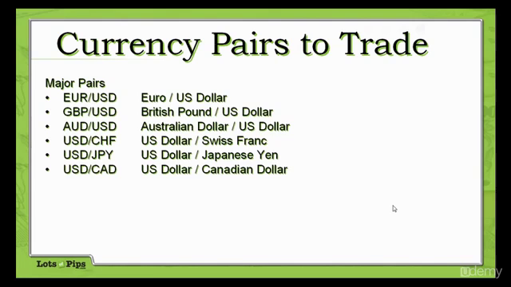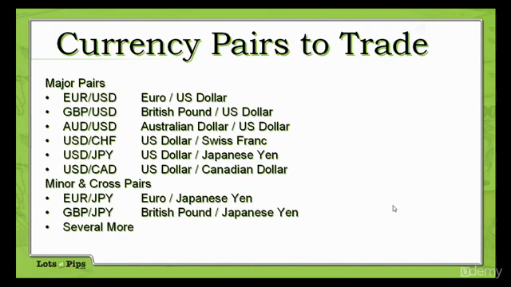There are some other pairs we'll talk about, but these are where the most liquidity is in your trades, which is good, and the most volatility typically on a regular basis. So you notice that the US dollar is a piece of all of the 6 major pairs. We've got the euro, the Great British pound, the Australian dollar, the Swiss franc, the Japanese yen, and the Canadian dollar, all against the US dollar in one form or another.